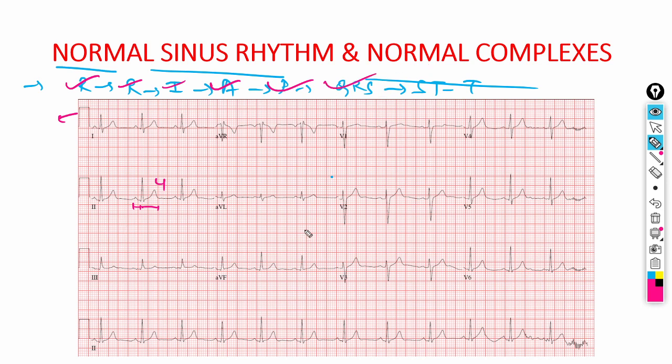QRS complexes in all the leads are narrow, normal QRS complexes, and have a transition at V4, so normal transition. ST segment and T waves are normal, not depressed nor elevated. So this is a normal ECG.